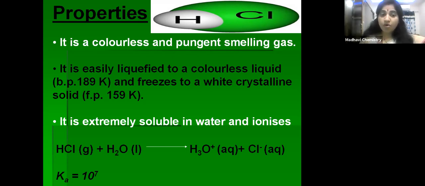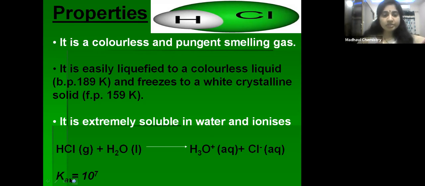But moist blue litmus can be converted into red, because HCl in the presence of moisture acts as an acid, because it gives H plus ions. By seeing this equation, you can easily say HCl, when dissolved in water, dissociates to give H3O plus and Cl minus. Very important point you have to remember: HCl gas is not an acid, but HCl in water is an acid, because it is giving H plus ions.